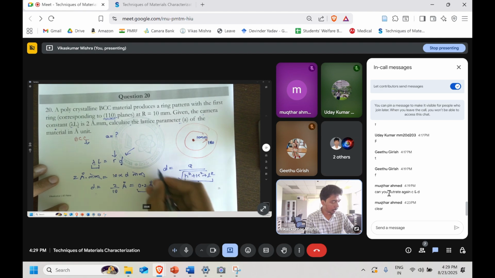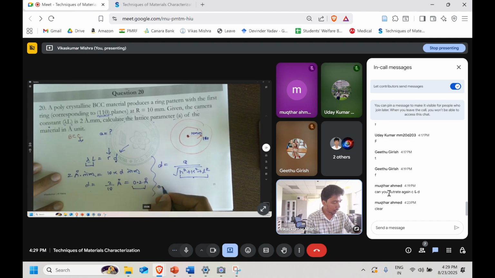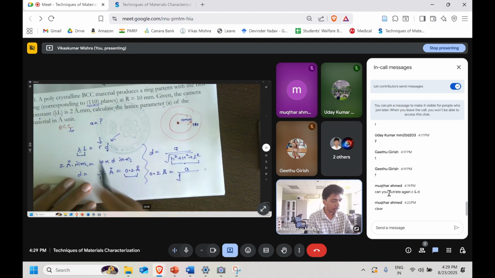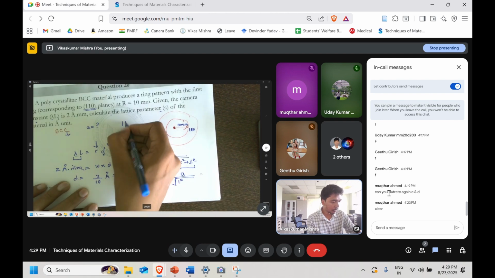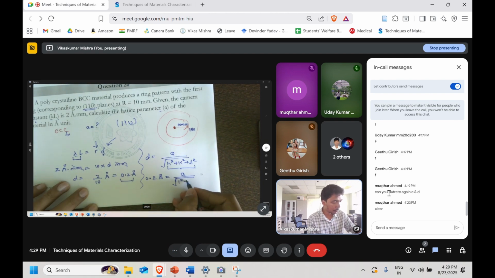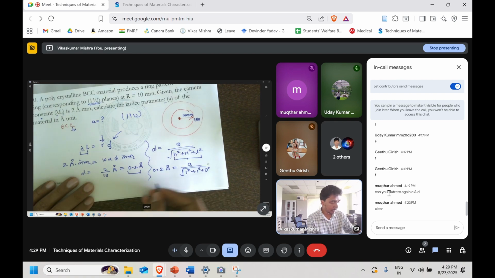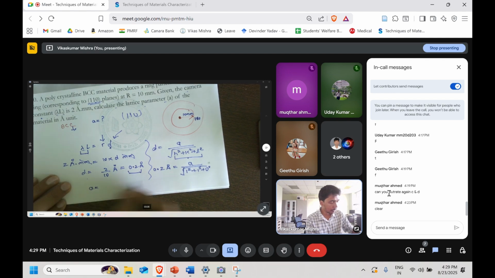You can substitute over here. 0.2 Angstrom will be equal to a divided by root over, the plane is given to us, h k l is 110, so 1 square plus 1 square plus 0 square. So a will be given by 0.2, shifting this over here, multiplied by root 2 times Angstrom.